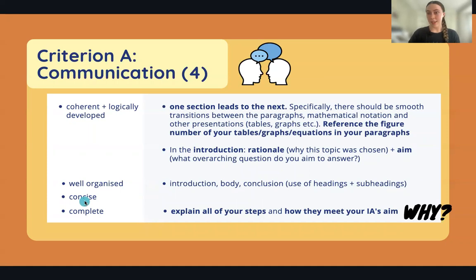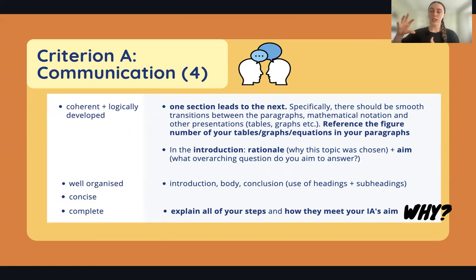Next, concise. Pretty self-explanatory. Don't include information that isn't directly relevant, or if there are things that are very lengthy, then put them into your appendices. The deal with appendices is that your IA should be able to be understood on its own without the appendices. But if you have extra information that you want to include, then you can put that in your appendices.